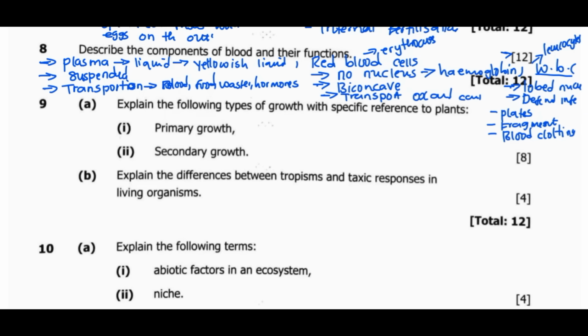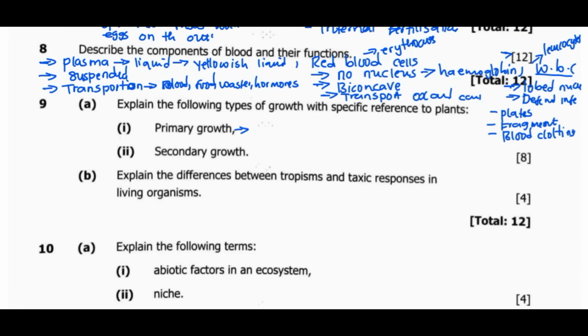Then we move on to question 9a. Explain the following types of growth with specific reference to plants. So growth is defined as the permanent increase in mass and in size. Now, what is primary growth, and where do you think this growth occurs?